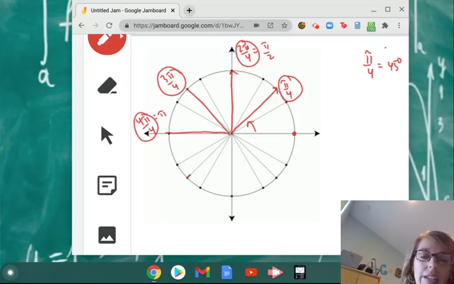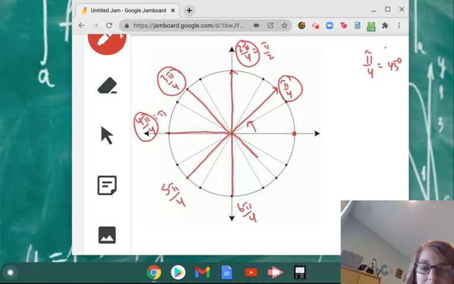So that means that the next time I hit a 45-degree increment, I'm at 5 pi fourths. Whoops, 5 pi fourths. 6 pi fourths. So easy when you don't reduce them. 7 pi fourths. And all the way around is 8 pi fourths. Now I can reduce some of these.